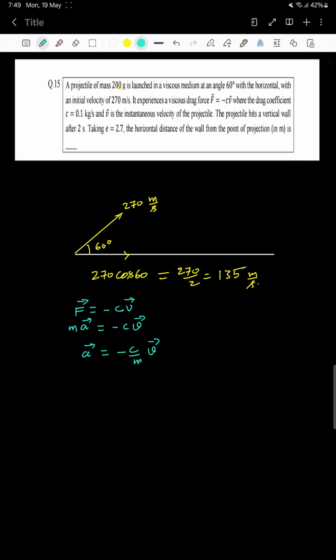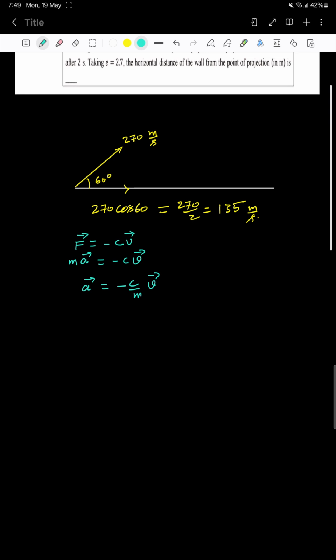In general, in projectile motion, horizontal acceleration will be 0, but in this case, due to viscous drag, there is a retardation due to viscosity, that is c by m times v. The negative sign represents that its velocity is going to reduce gradually.